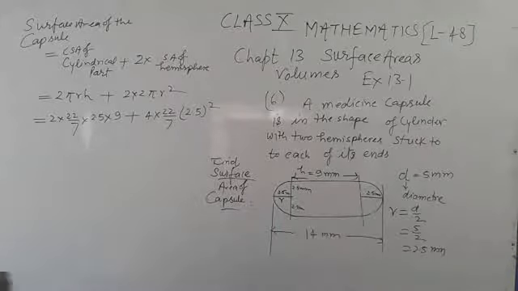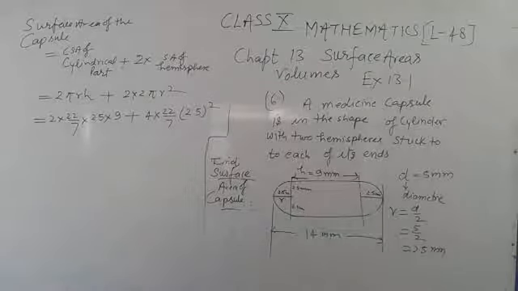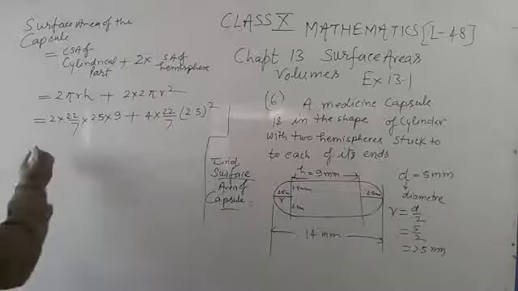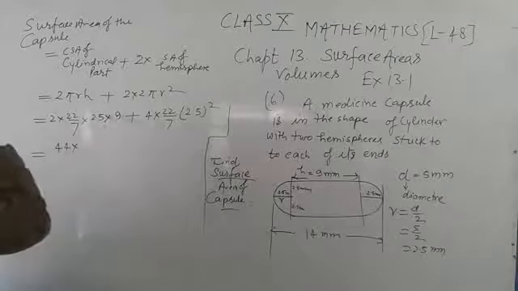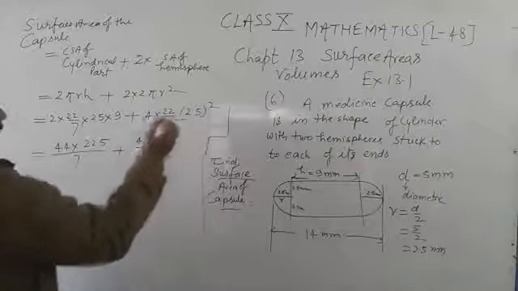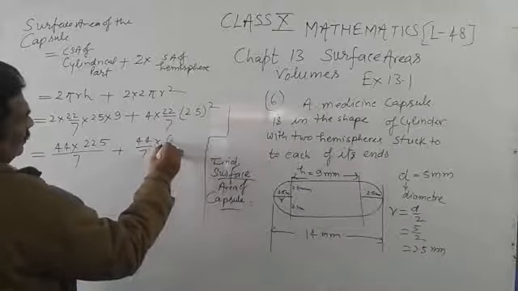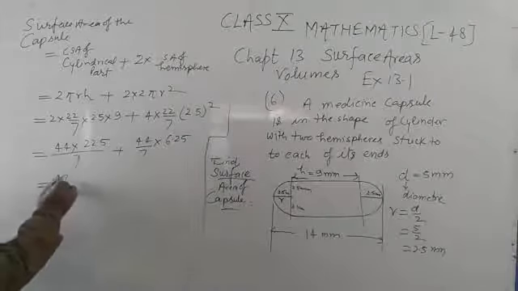So okay students, these are the values. Now we have to find, now 44 multiplied by 22.5 upon 7 plus 44 upon 7, and in this bracket 6.25. 44 upon 7 is common here.